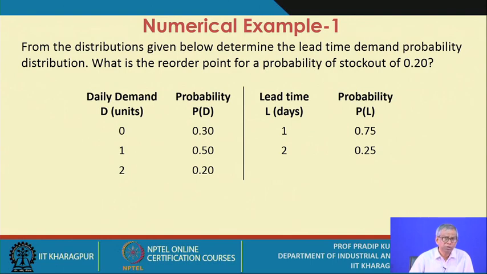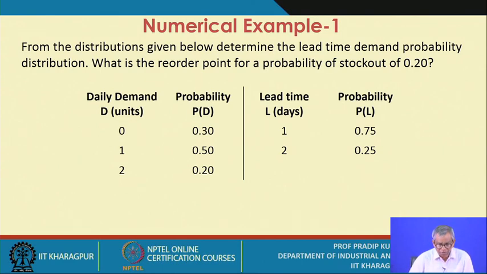So let us first take up one numerical example related to variable demand and variable lead time. You need to provide the joint probability distribution. If it is a Q system of inventory control, obviously you need to consider the demand during lead time. Demand during lead time is considered to be a separate random variable.